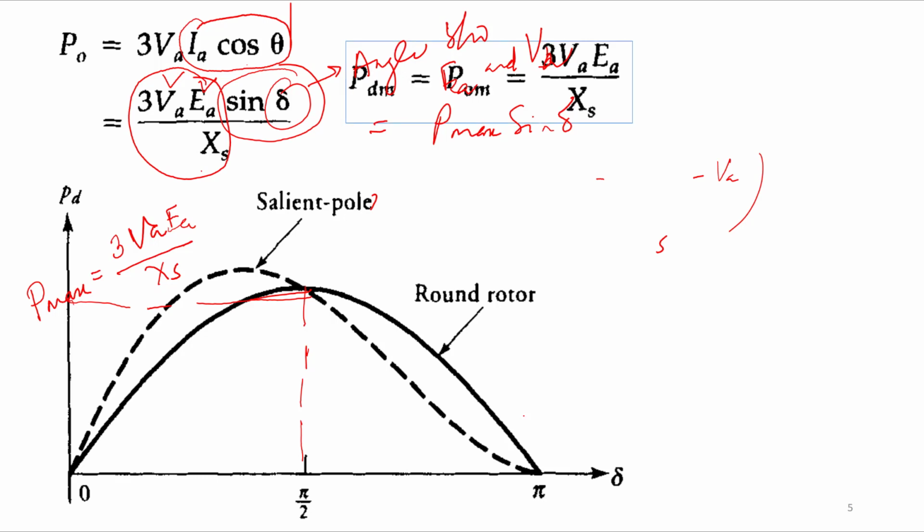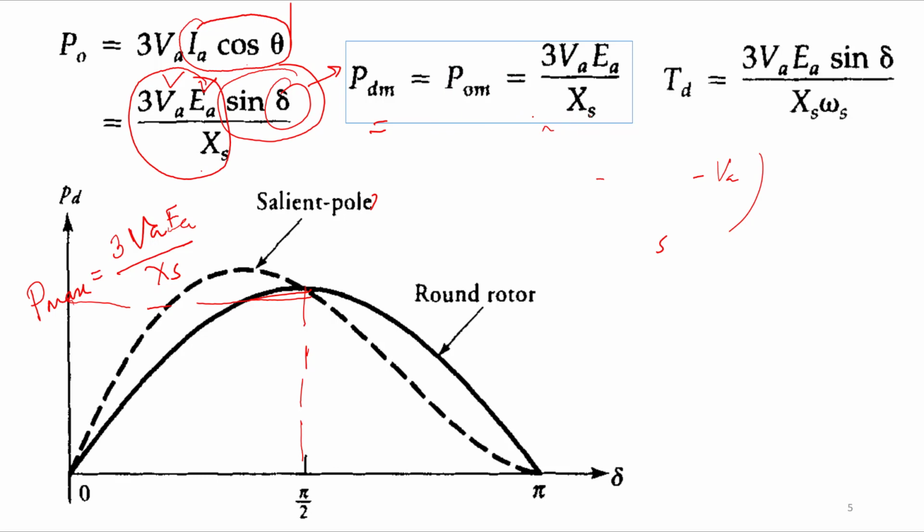Similarly, we can find the maximum power equation, that is POM, which is the same 3 VA EA by XS, and the torque equation is obtained just by dividing by omega s. This is your torque equation, 3 VA EA sin delta by XS omega s, right? Because this delta term comes in both the power and torque expressions, this angle is sometimes known as the power angle and sometimes as the torque angle.